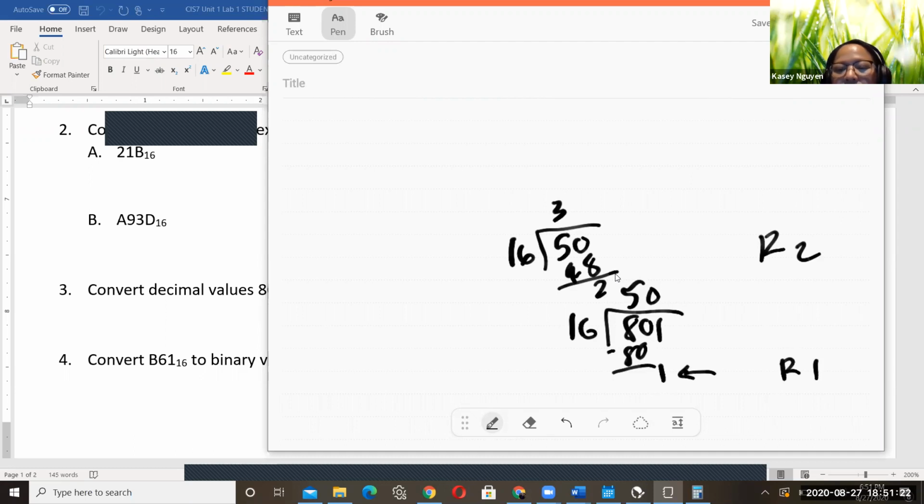Okay. So we have a 3 here. So 3 is still of significance. So 3 divided by 16. Of course, it's 0 times, right? Because it's smaller than 16. So technically you have an R3.